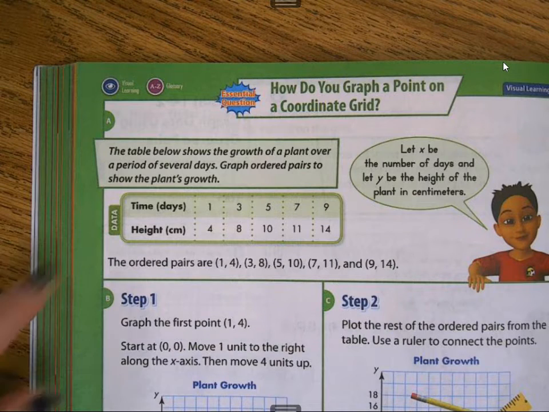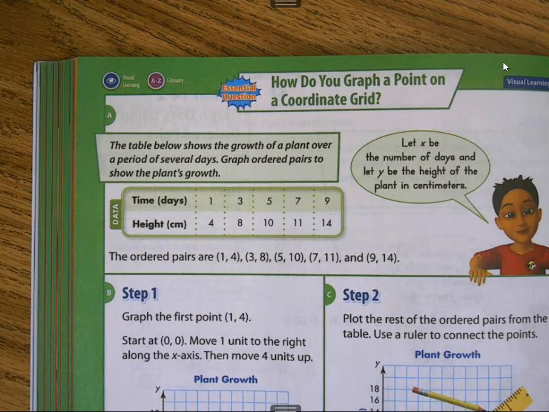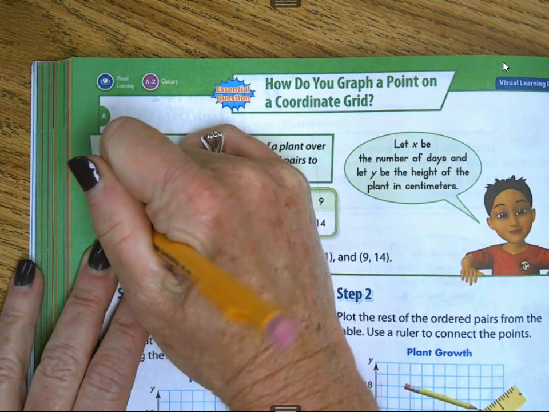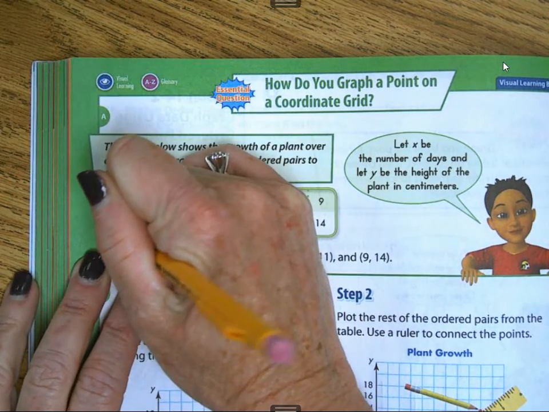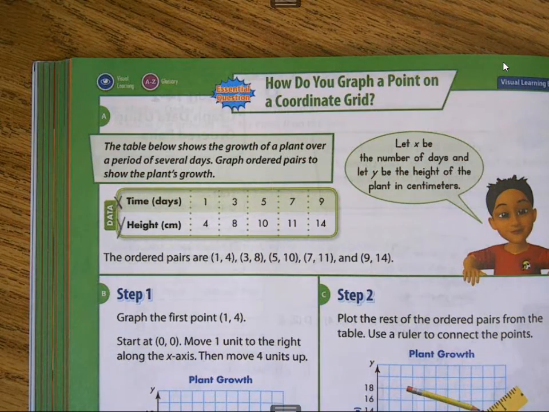All right, so let's take a look at it. Now, when we have a table that's written horizontally like this, I'm going to let you know that the top row is usually your X value and the bottom is the Y. X comes before Y. So the book says, let X be the number of days, and let Y be the height of the plant in centimeters.